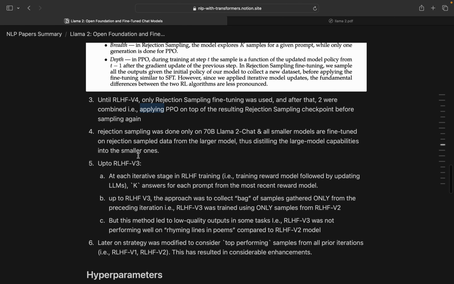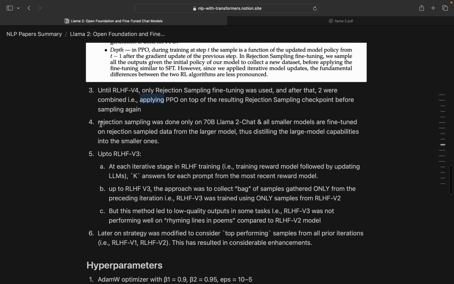In this use case, rejection sampling was done only on the 70 billion model and not on the 7B or any lightweight models. One of the reasons is that the larger model has bigger capabilities and lighter models might not have this much capability.